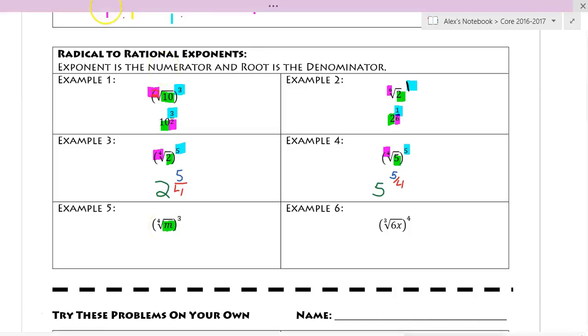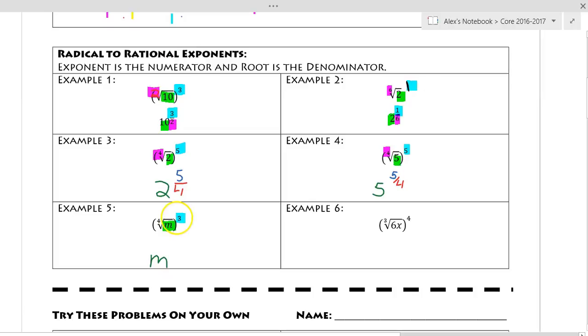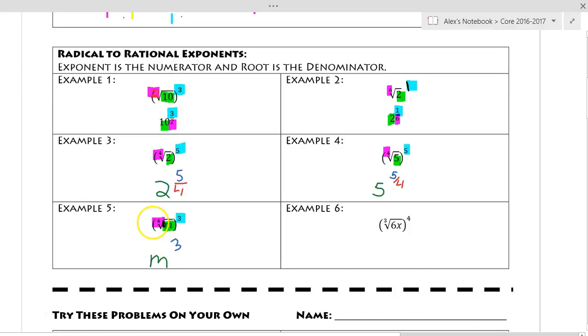My base is m. My exponent is 3, so that goes in the numerator. And then my root is 4. So this is just m to the 3/4. The 4th root of m cubed, or to the 3rd, is m to the 3/4.